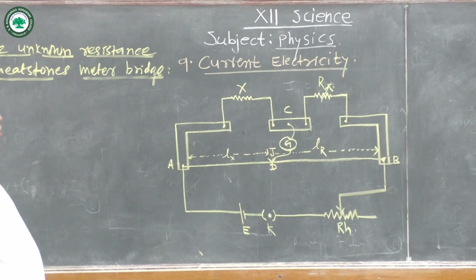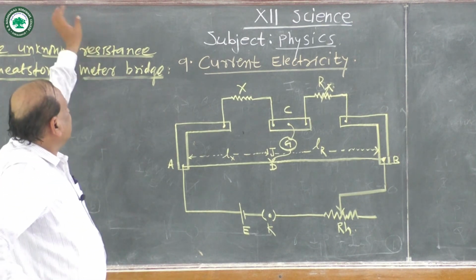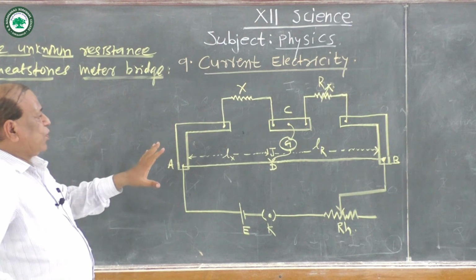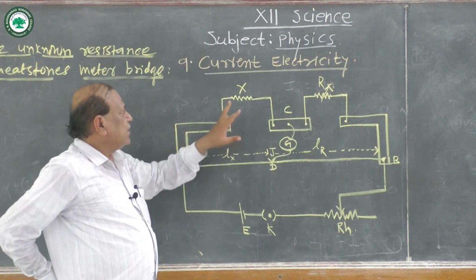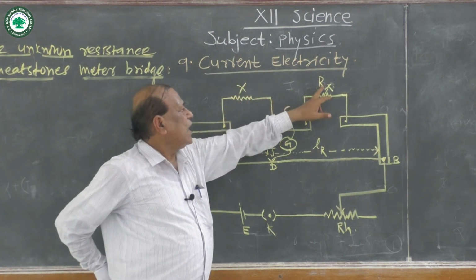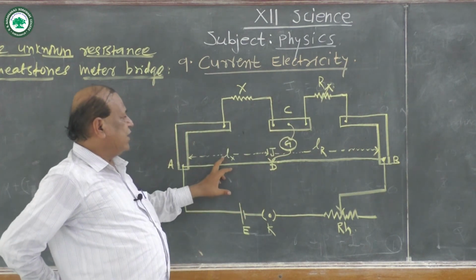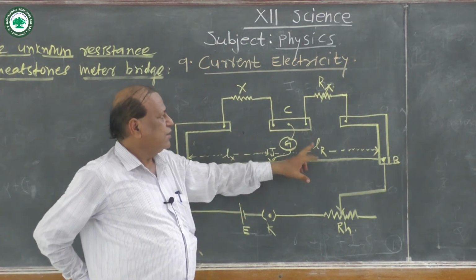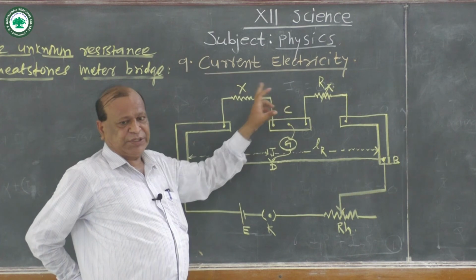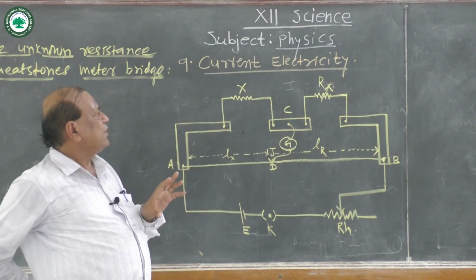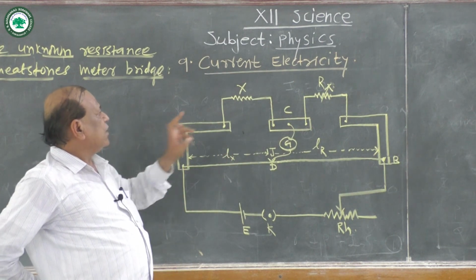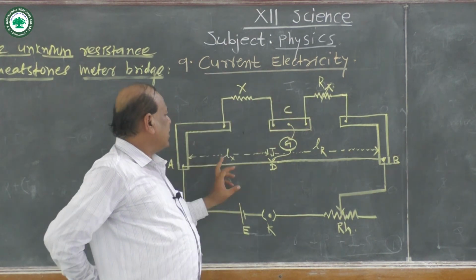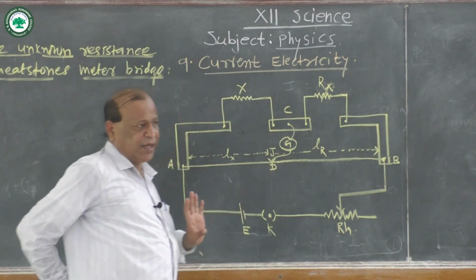Now here Wheatstone's meter bridge is formed, in which the resistances are this X, R, this LX and LR. These four resistors, instead of P, Q, R, S, here are four resistors X, R, LX and LR.